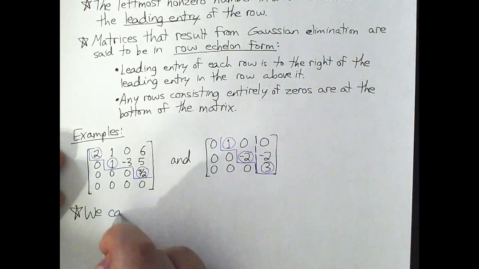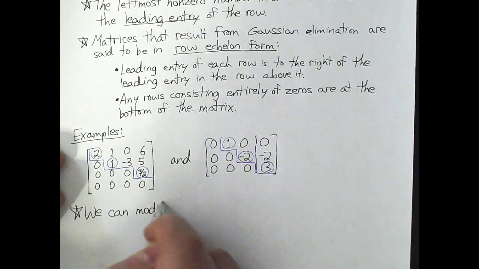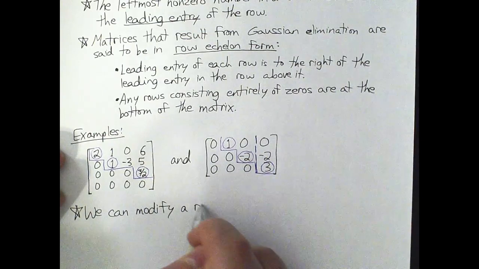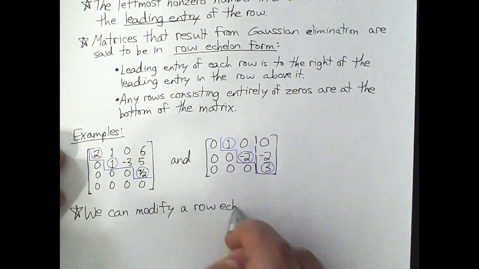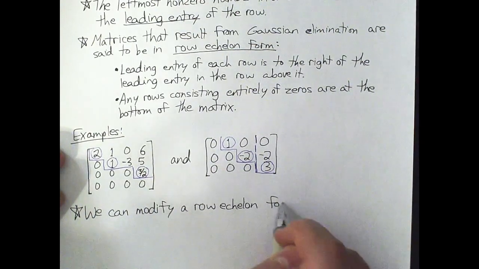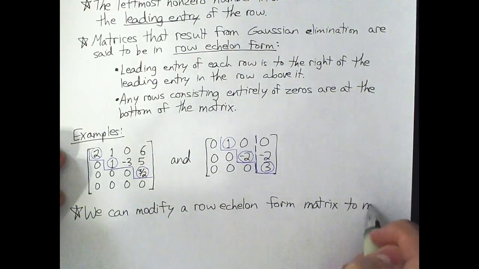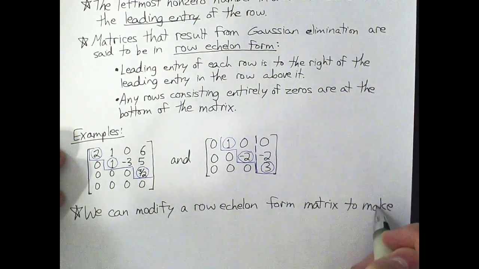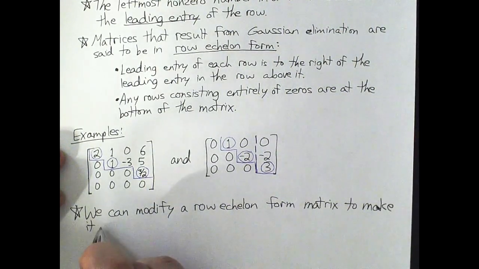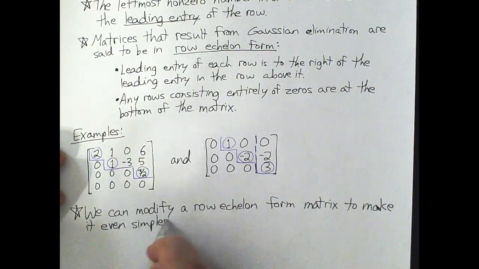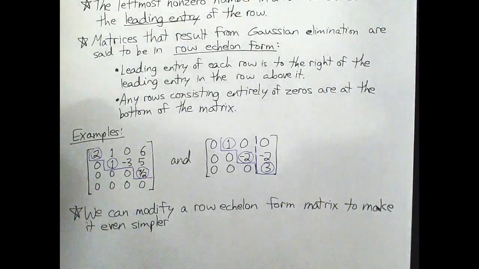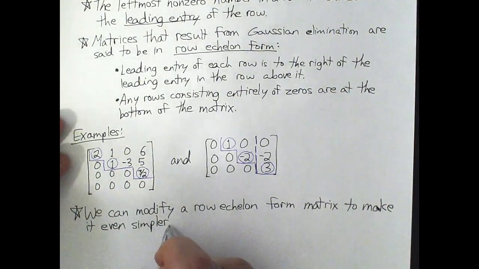So we can modify a row echelon form matrix to make it even simpler. I'm using the word simpler because I think that, when we do row reduction, we're kind of making an equivalent system, and in a way, it is kind of like simplifying.